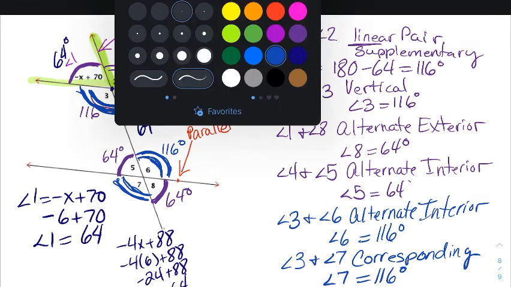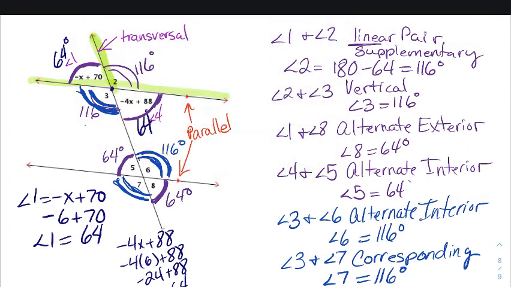Just don't forget that the consecutive angles would be, for instance, these two here, 3 and 5. They are consecutive, and you should recognize that they are also supplementary, which means they equal 180 when you add them together. Okay?